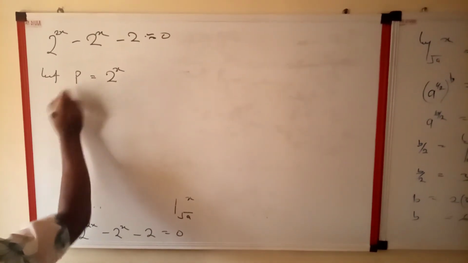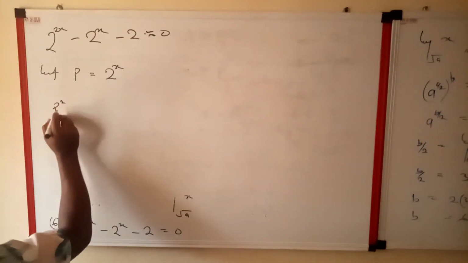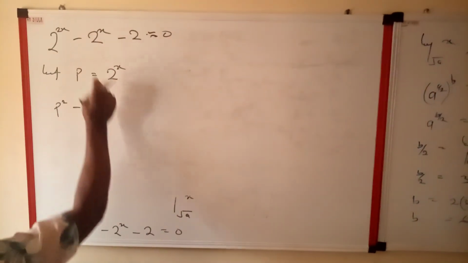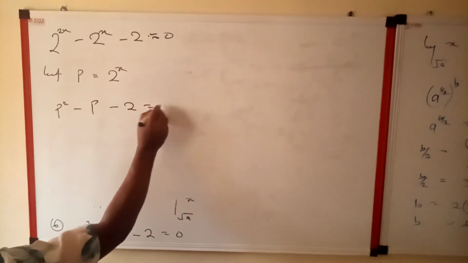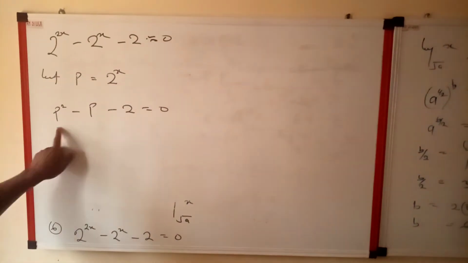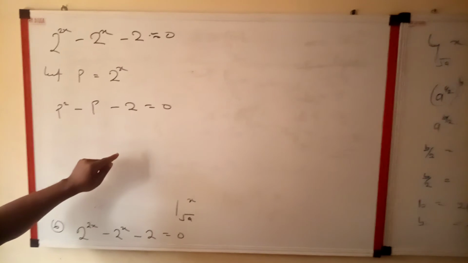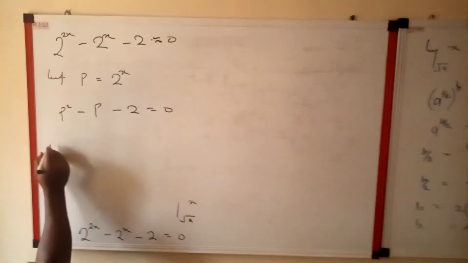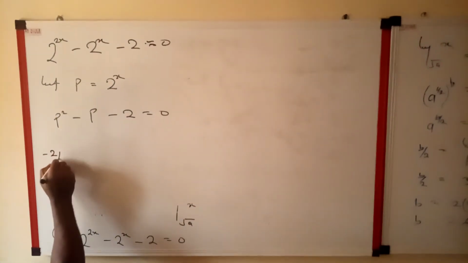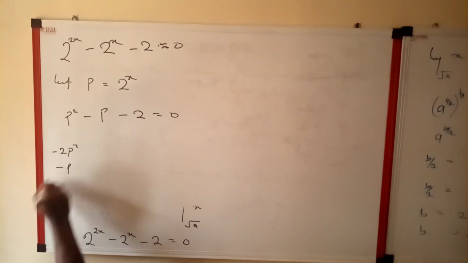So in other words, if we have p here, which is 2^x, note that we are still having the square on top. While here in this case we have p minus 2, all equal to 0. Now reaching this point, the next thing that we do is look for two numbers that when you multiply will give you negative 2p squared, and those same numbers when you add will give you negative p.